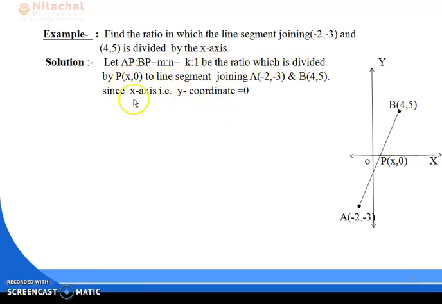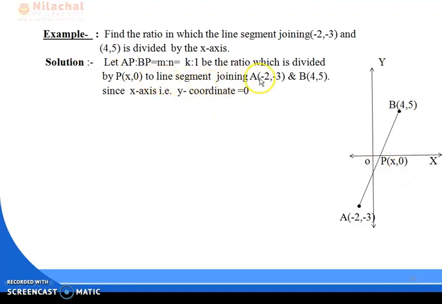P point x, 0, because this point P is divided by the x-axis. So this point must be on the x-axis. That means any point on the x-axis, the y coordinate must be 0. The x coordinate may be anything but the y coordinate must be 0. So the P point coordinate must be x, 0. We don't know the value of x, but the y coordinate must be 0.